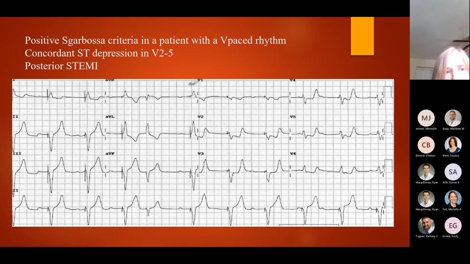So this is using positive Sgarbossa criteria in a patient with V-paced rhythm. Again, you see concordant ST depressions in V2 to V5, and this is a patient with posterior MI. Okay, I'm done. Any questions?